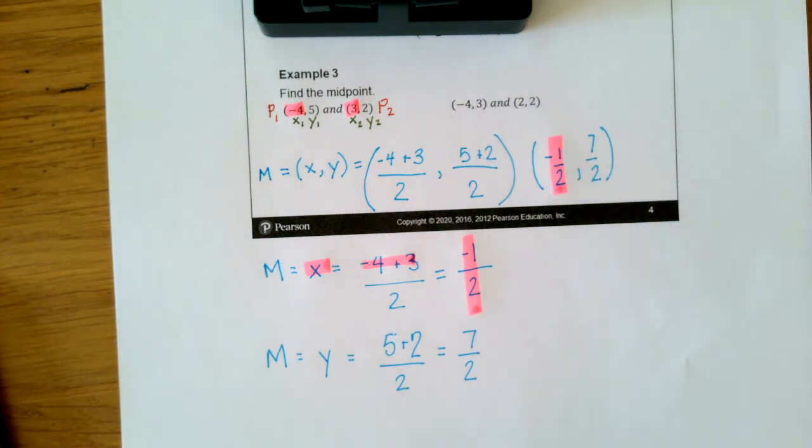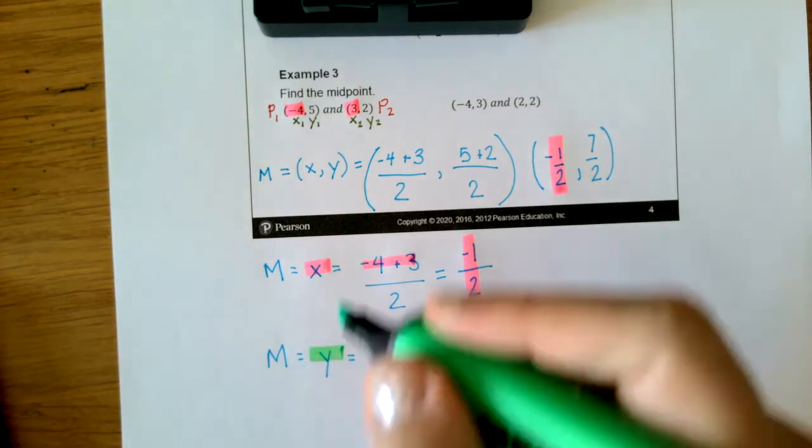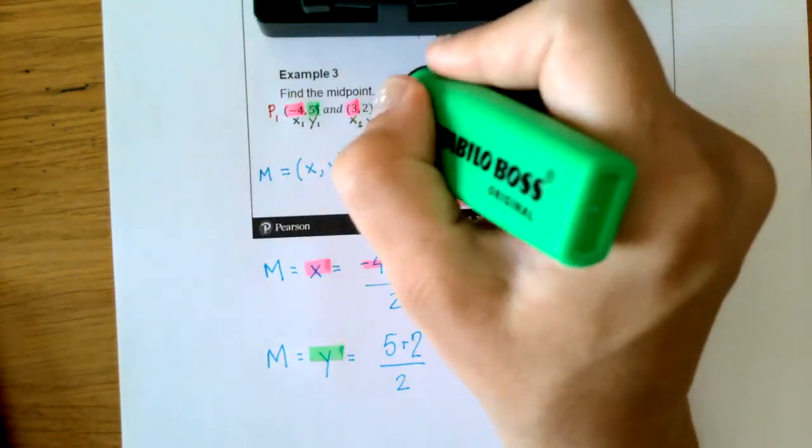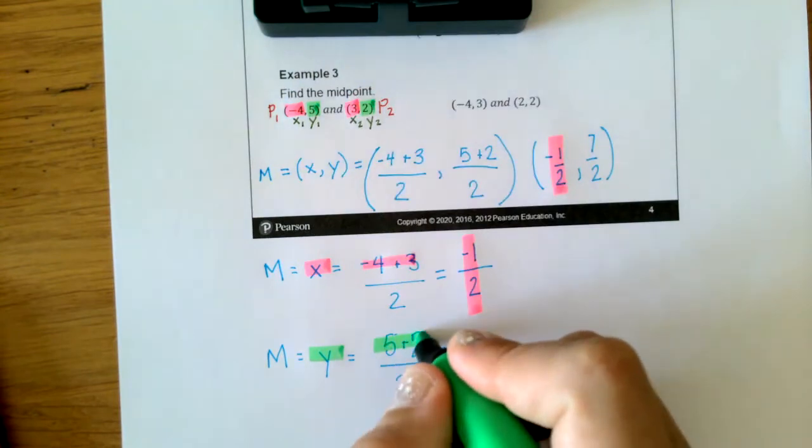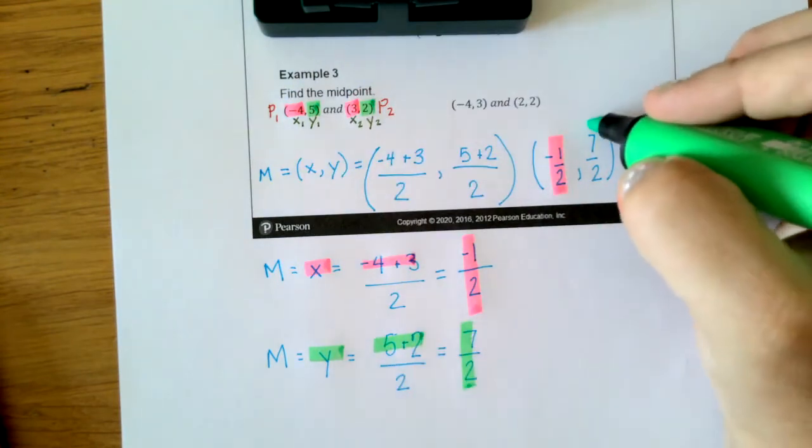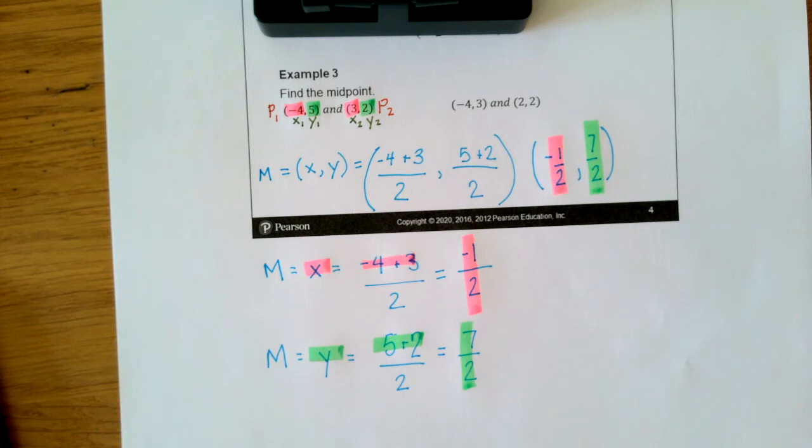For our y's, we use the 2 y values, 5 and 2. We put them here, and we got the average of the 2 y points.